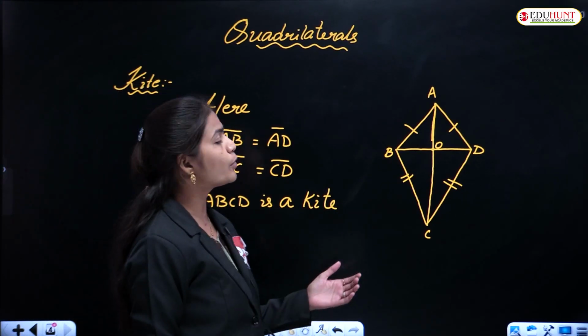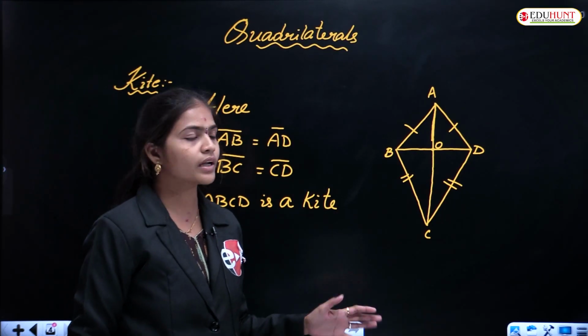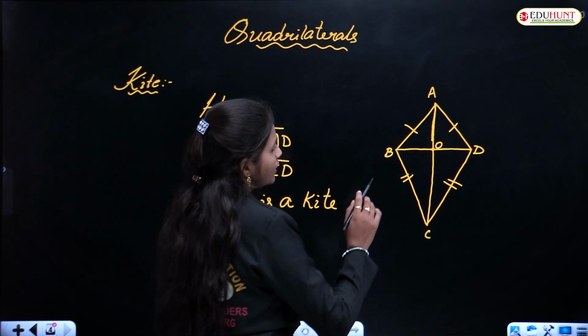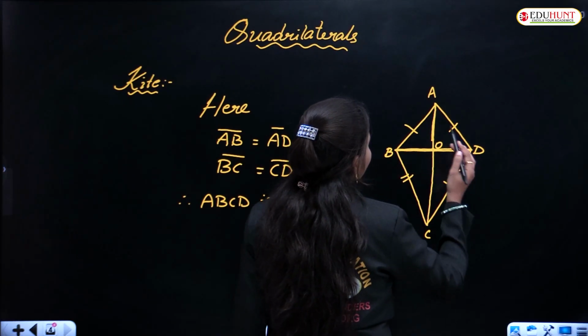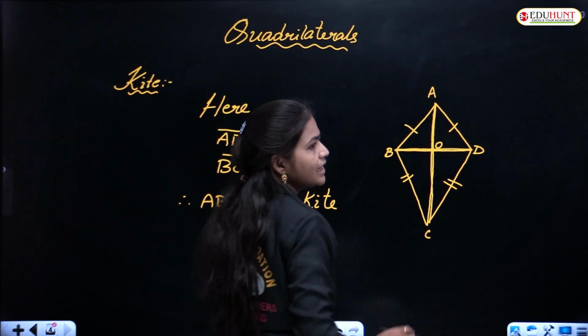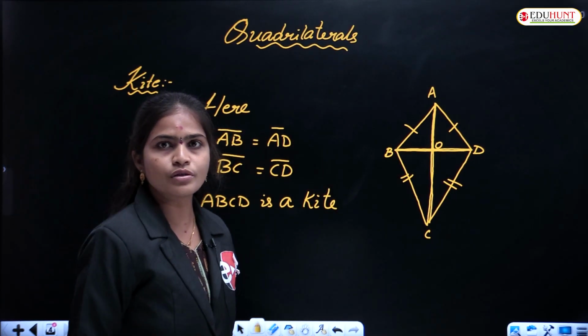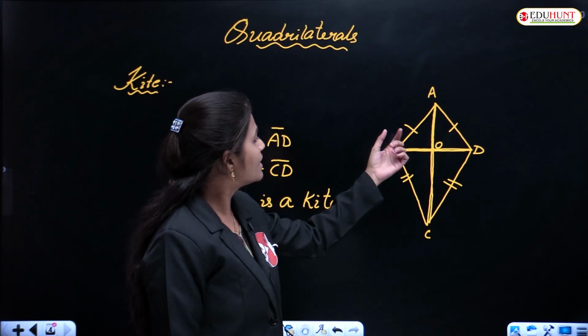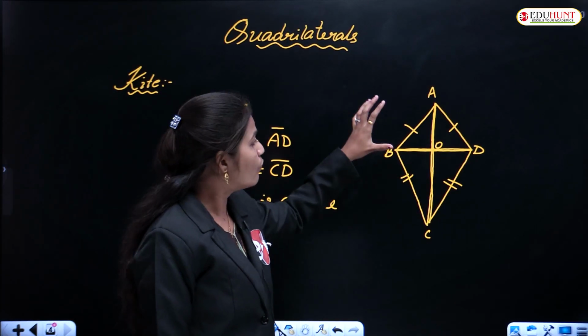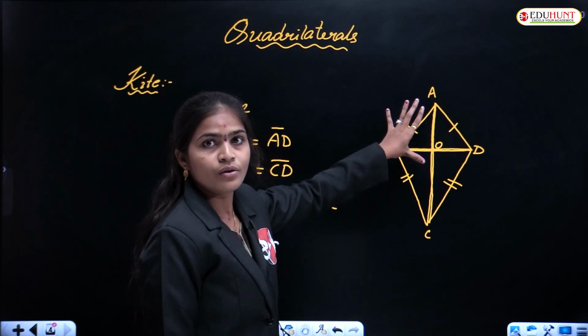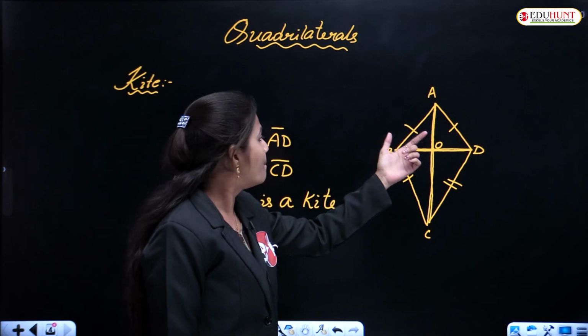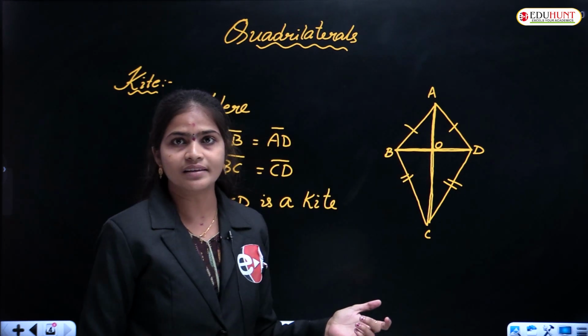Now, what are the properties of a kite? The first property: a kite has two diagonals, and one of those diagonals bisects the other diagonal.